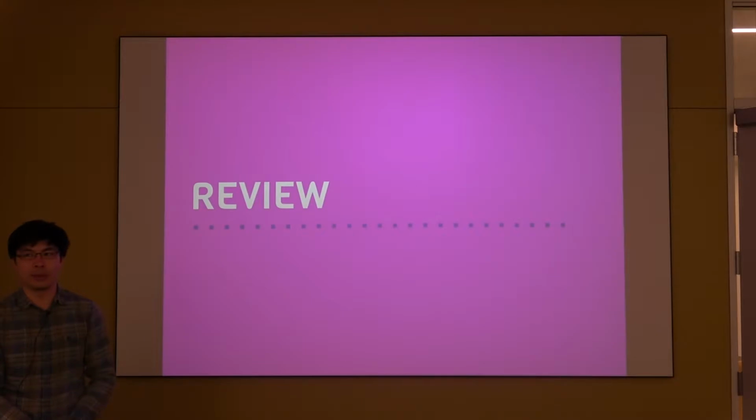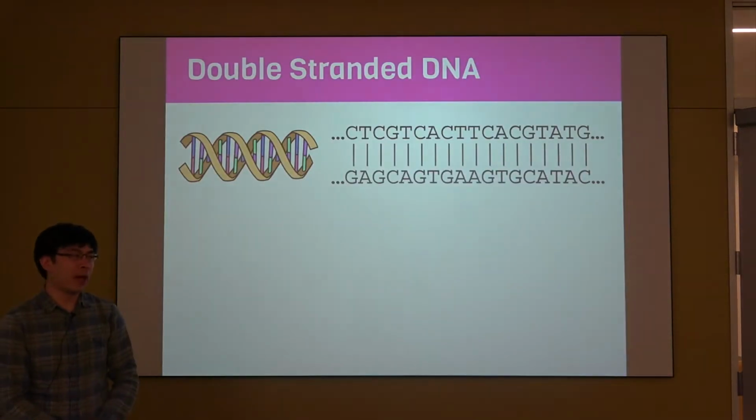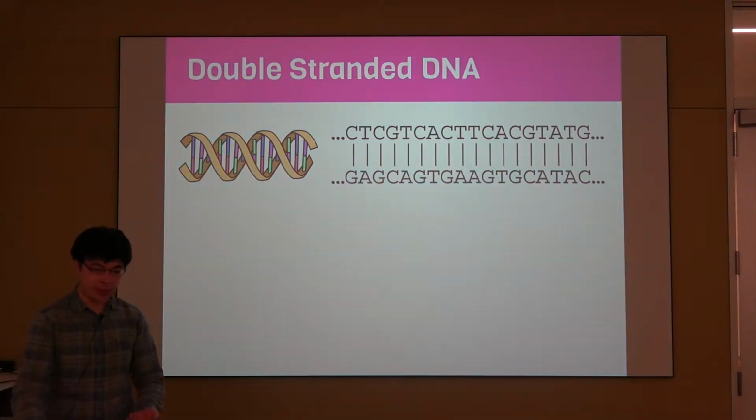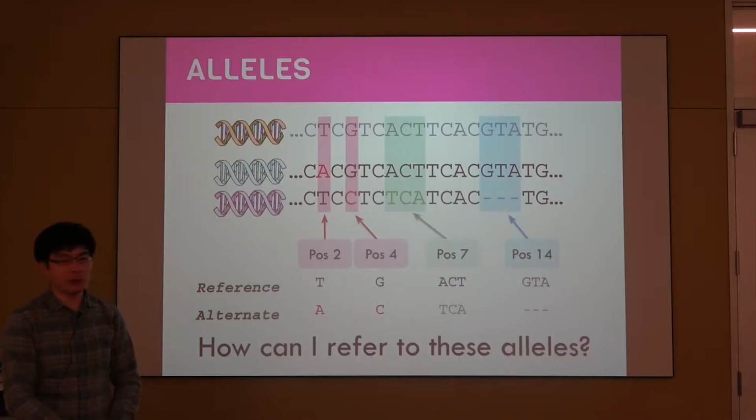So first, a little bit of review. As you've seen in other modules, DNA is double-stranded, and everyone has 2 copies of this DNA in the case of 2 chromosomes. And then these 2 copies of the DNA can have different alleles.